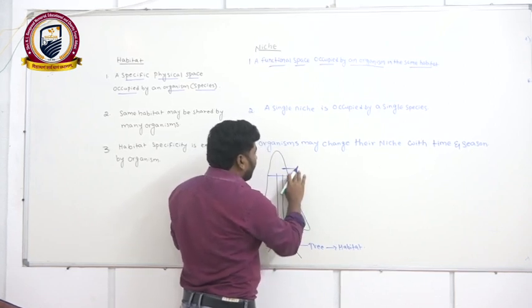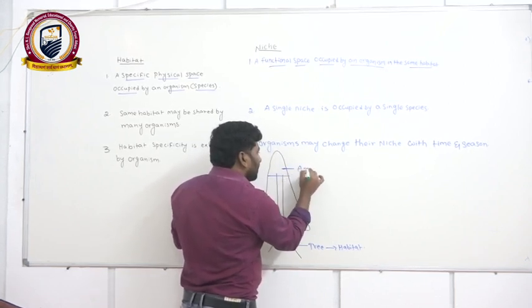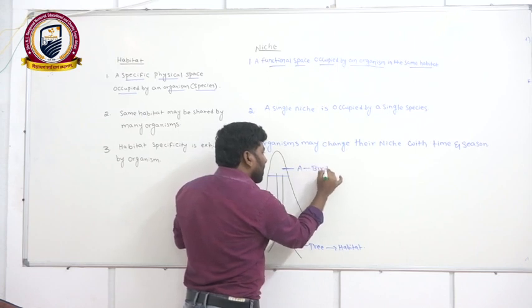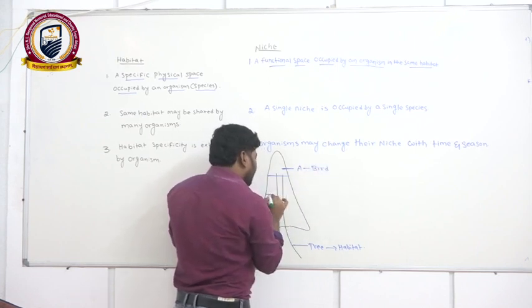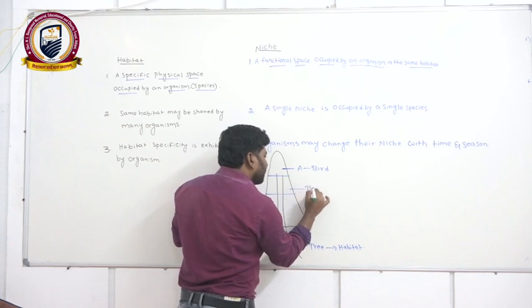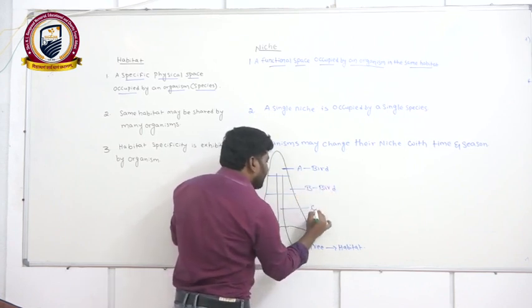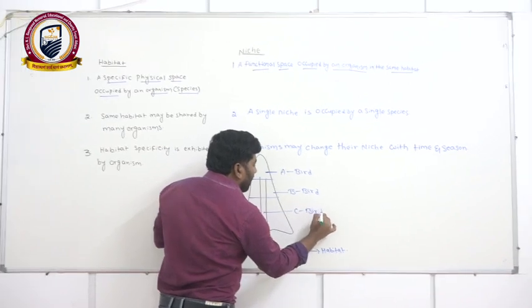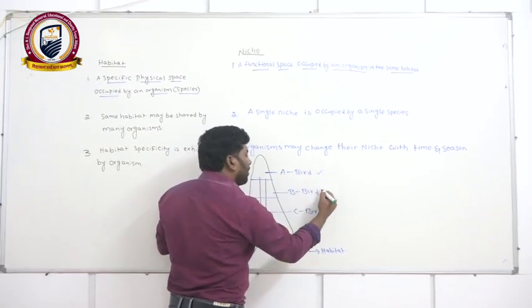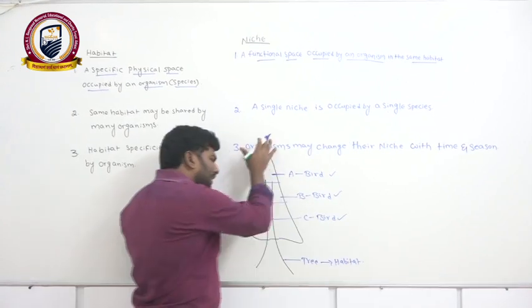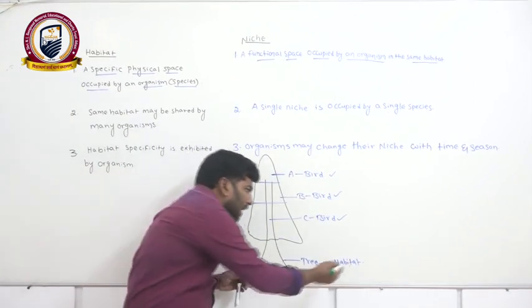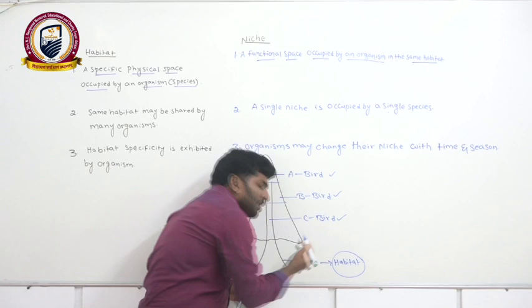For example, take A bird, B bird, and C bird. All three varieties of birds are present on the same tree, which we consider a habitat.